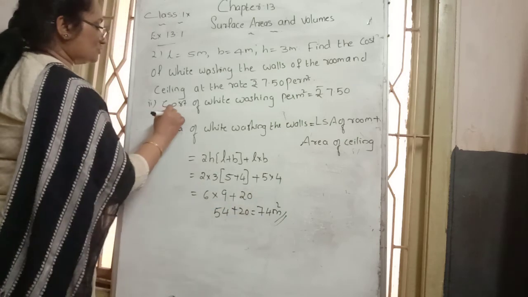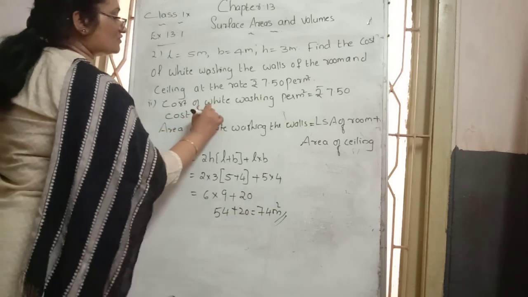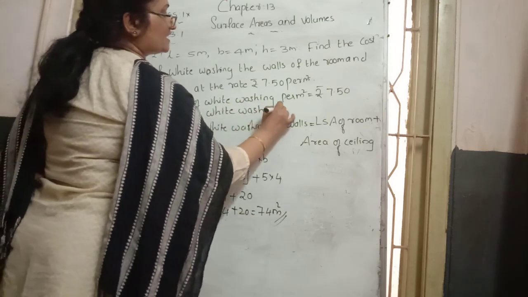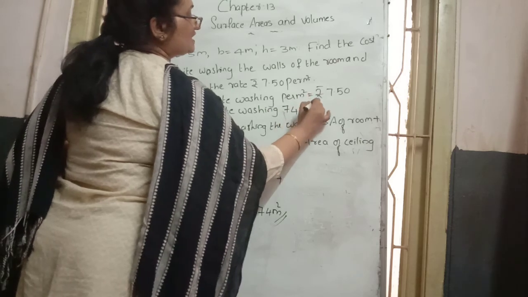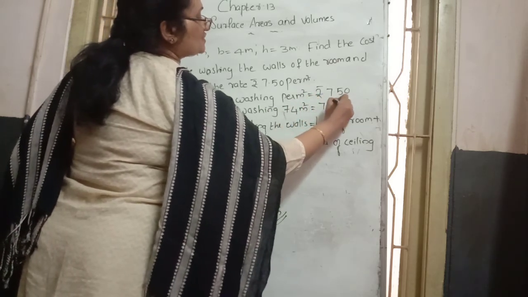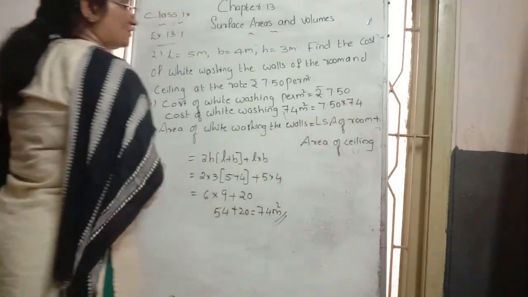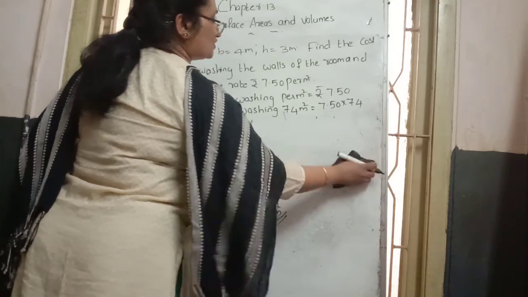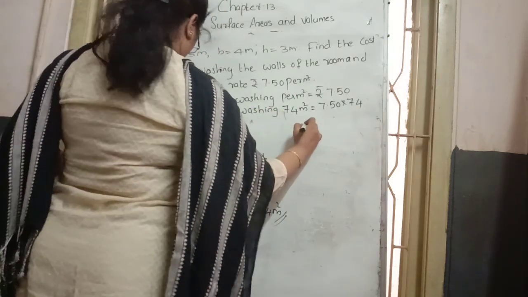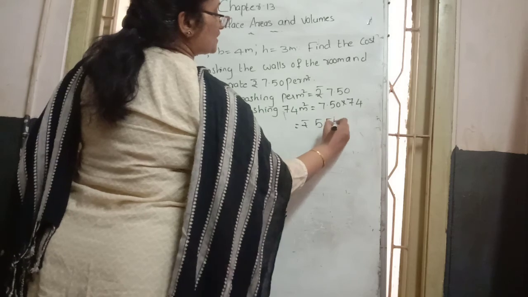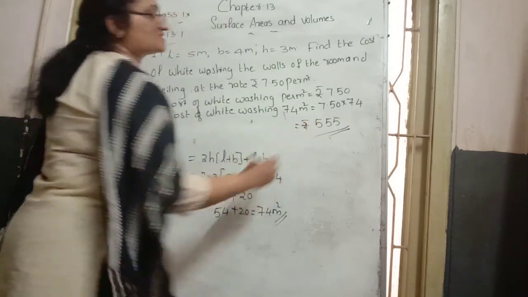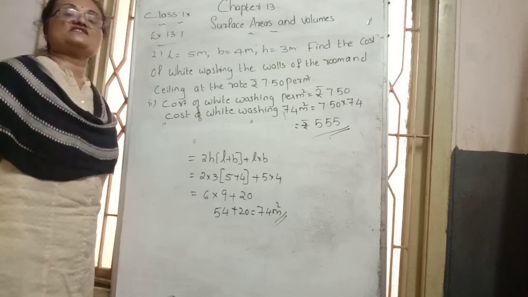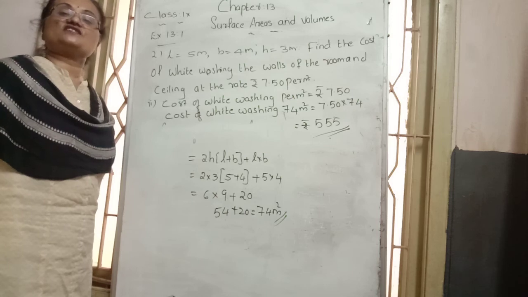Our area is 74, so the cost of whitewashing 74 meter square area is 7 rupees 50 paise multiplied with 74. When multiplying, we put the decimal point after multiplication. We get 555 rupees. So 555 rupees is spent for whitewashing the room.